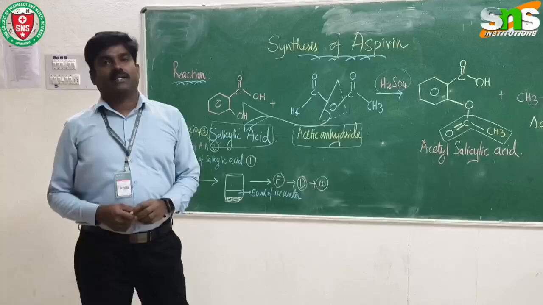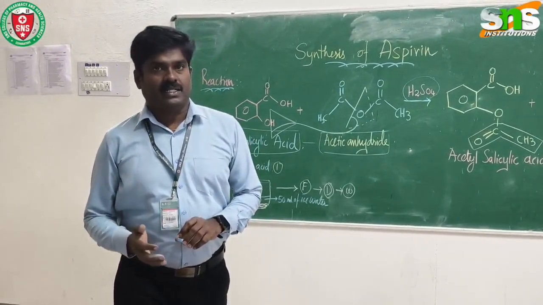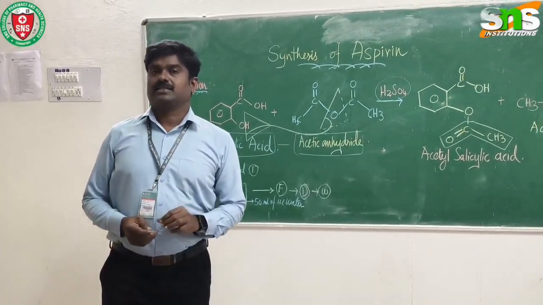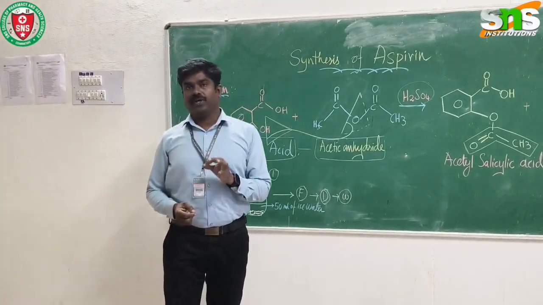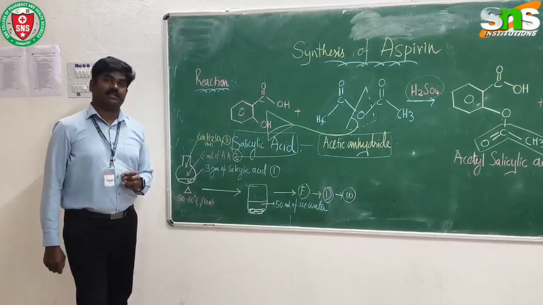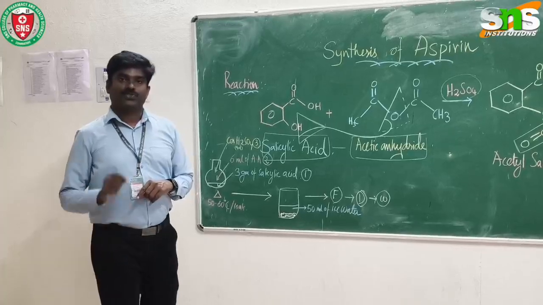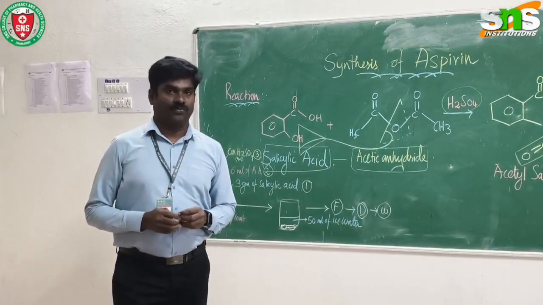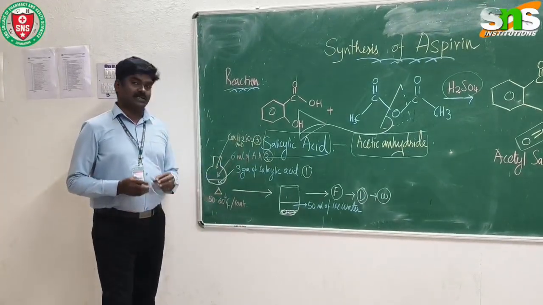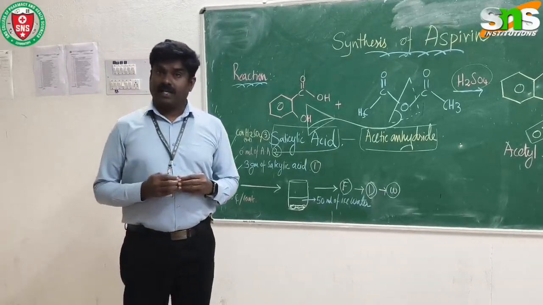In this practical lab, we have to select a dried and clean round bottom flask. In step 1, you have to weigh accurately 3 grams of salicylic acid and transfer it into a 250 ml round bottom flask. Then in the second step, we add 6 ml of analytical grade acetic anhydride.